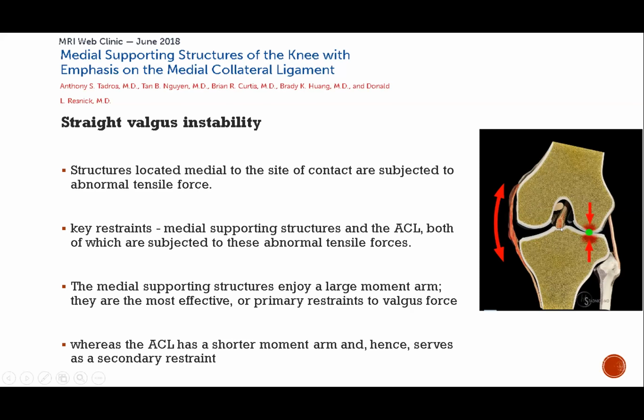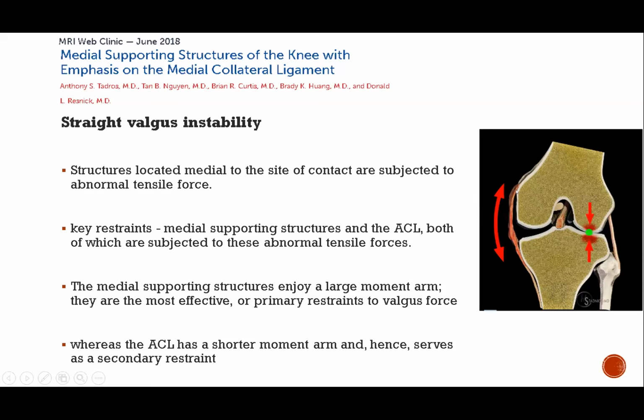Hence, the center of the knee is shifted from the actual center to the lateral femoral condyle, and this green point represents the shifting of the center to the lateral aspect of the knee joint. Owing to this mechanism, structures located on the medial side are subjected to abnormal tensile force.